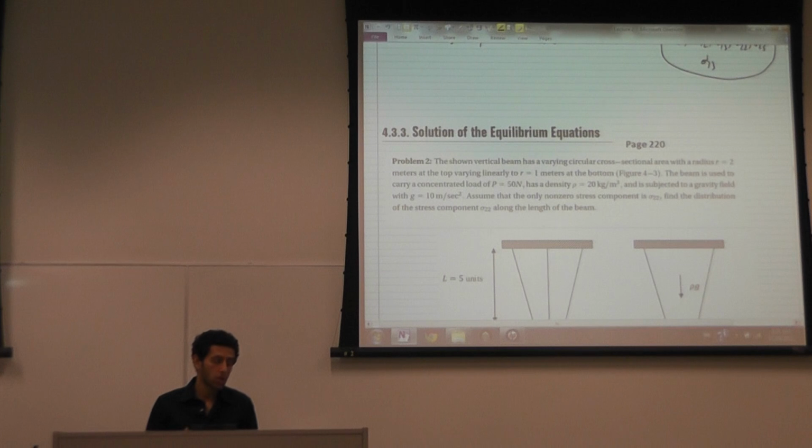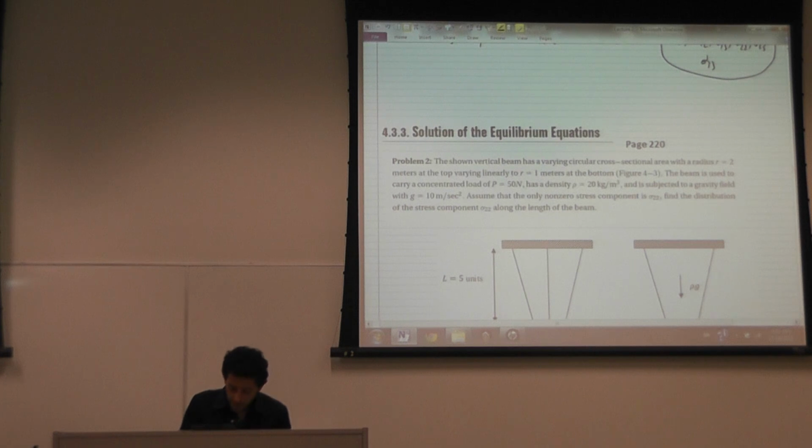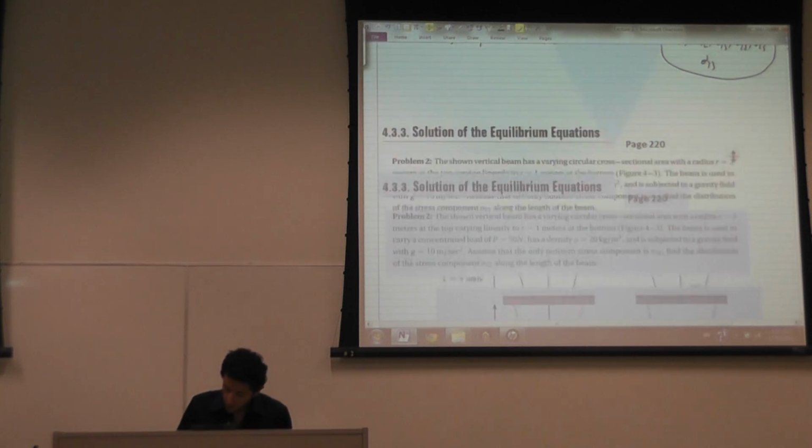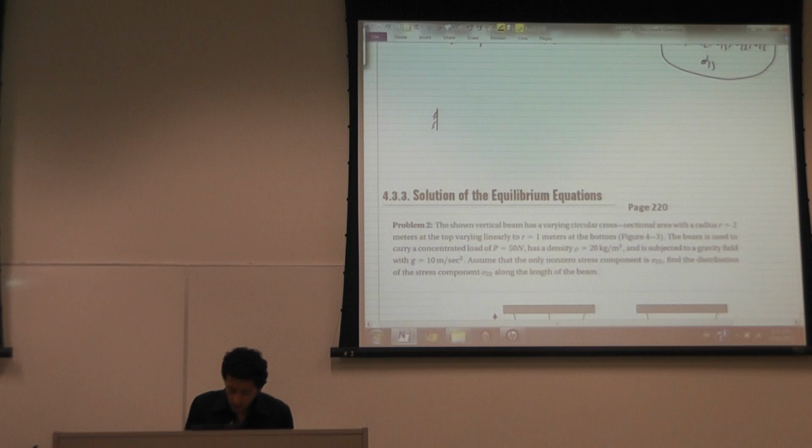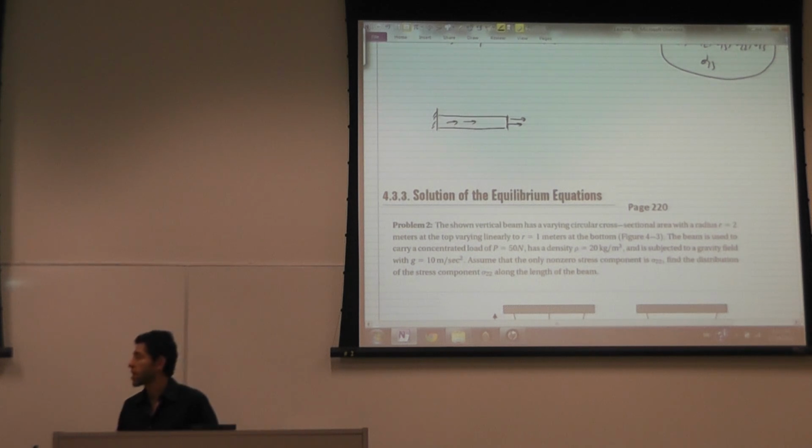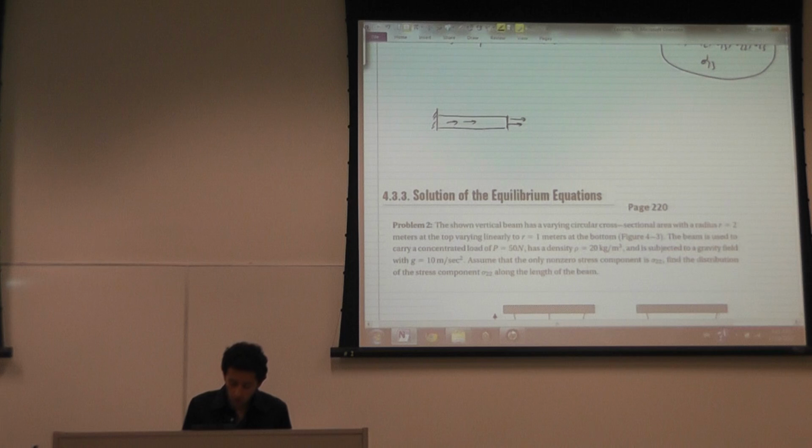If I have enough boundary conditions for that particular variable, I can solve it. For example, for an object under a certain stress distribution, I can assume that the only non-zero value for the stress is sigma 11, and I can solve this problem.